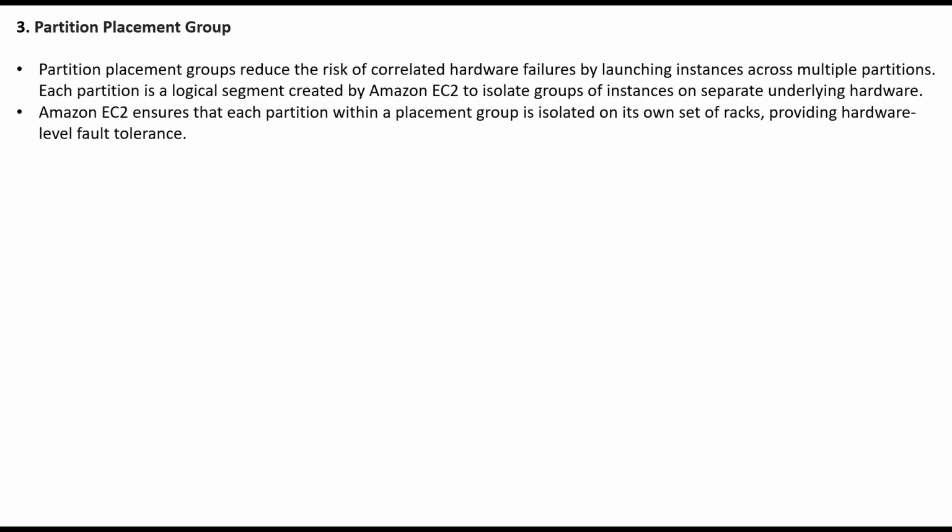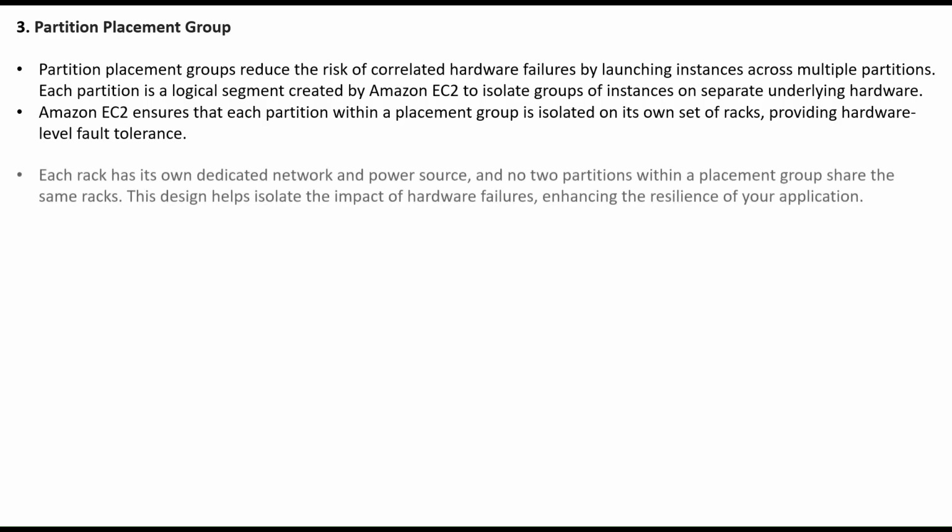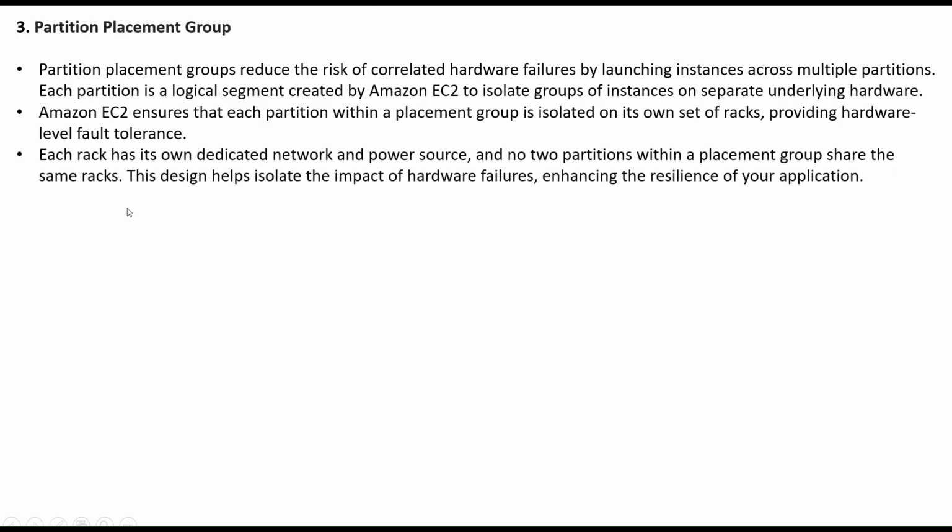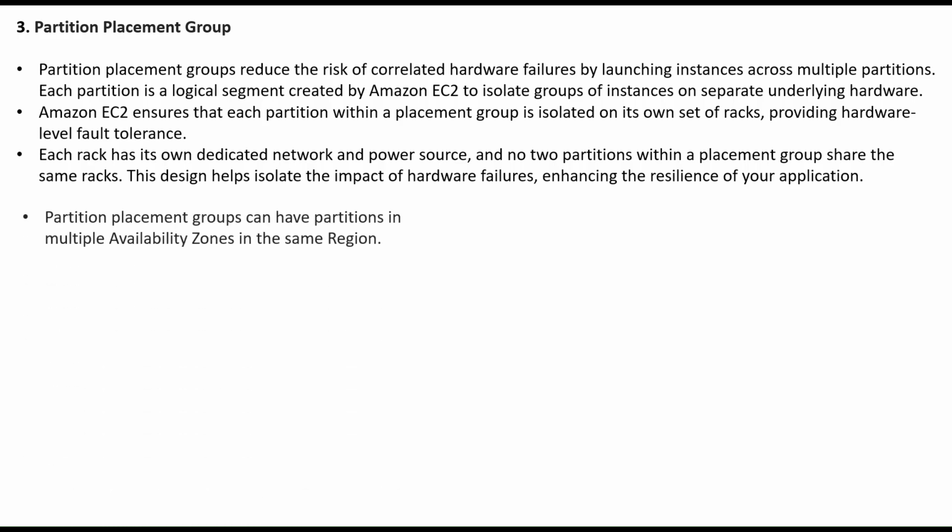Amazon EC2 ensures that each partition within a placement group is isolated on its own set of racks, providing hardware level fault tolerance. Each rack has its own dedicated network and power source, and no two partitions within the placement group share the same racks. This design helps isolate the impact of hardware failures, enhancing the resilience of your application.